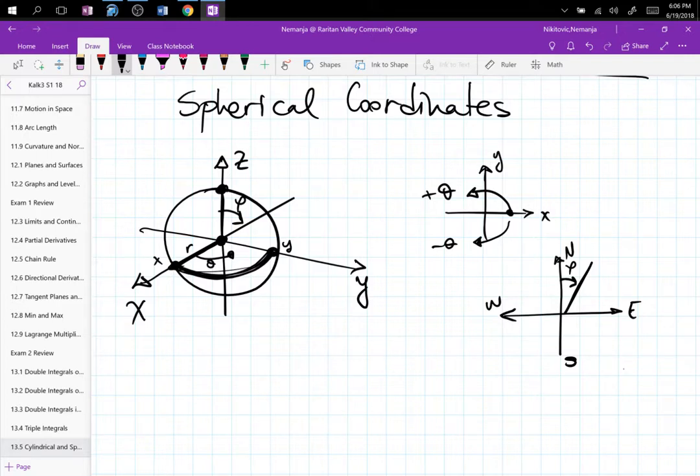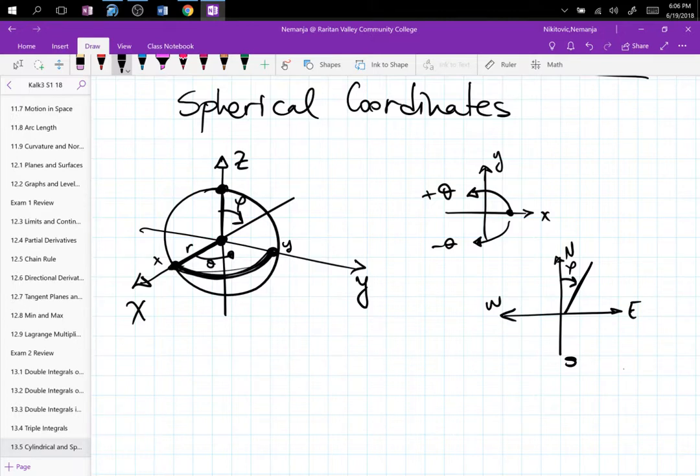Now, this one is going to be x-axis, and then I can rotate around in the xy plane, and what I have there is the polar coordinates, which is 2D. That's the flat plane that we created, which sits on the xy plane.